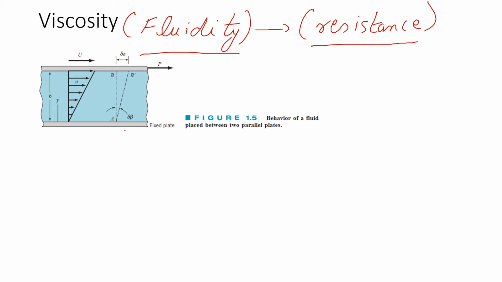In this example you can see that there is a fixed plate right here, and there is a movable plate right here, and in between these two plates there is a certain volume of fluid.